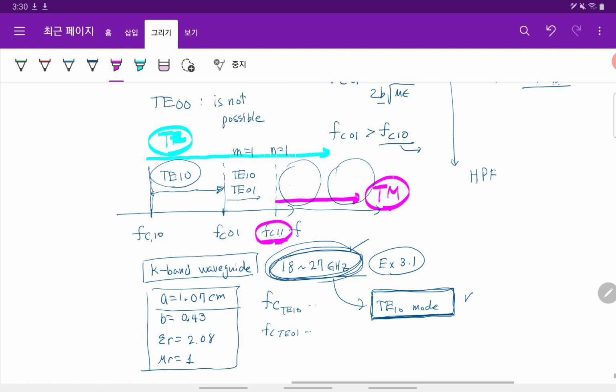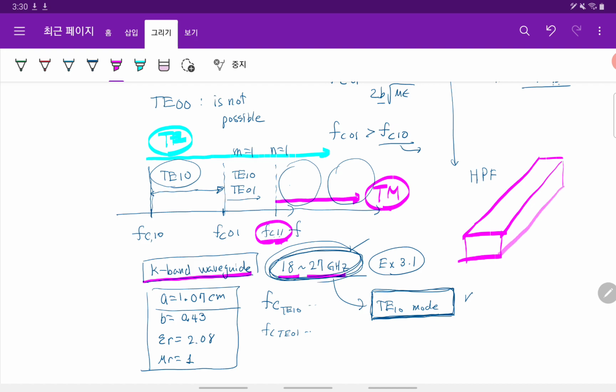And then for this kind of K-band waveguide, K-band waveguide is working for 18 to 27 gigahertz. So we would like to use this kind of waveguide. We will have a structure like a long box shape, and then we want to deliver the signal from here to here, over this frequency range.